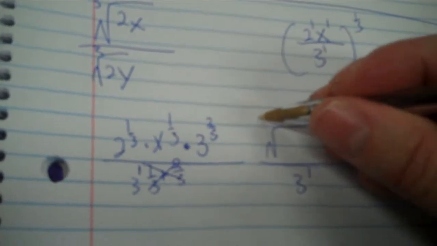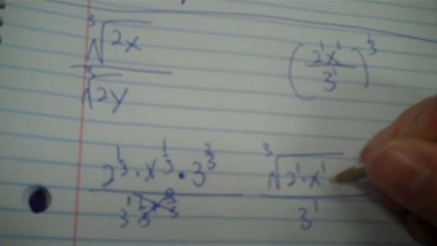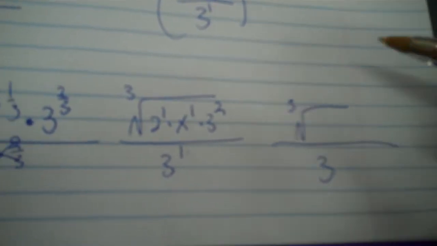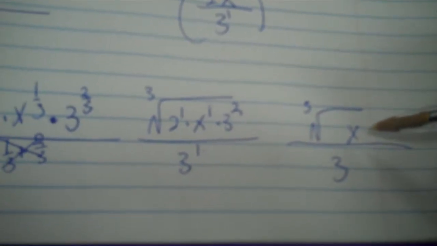Now, I can't get rid of any of these fractions, so I make a big fraction right there. And 2 to the first times x to the first times 3 to the second. So 3 to the first is 3, and I make a cubed root right there. And then I'm going to have the x inside of it for sure.